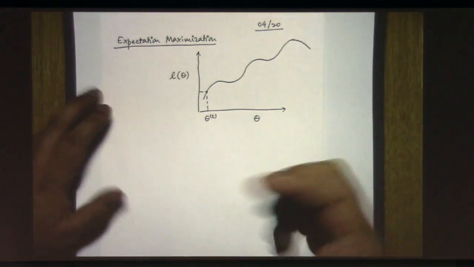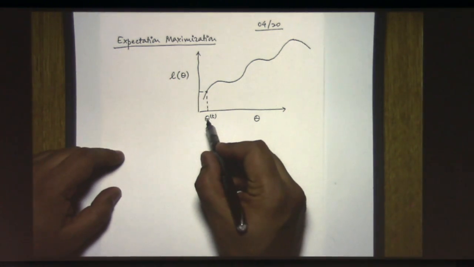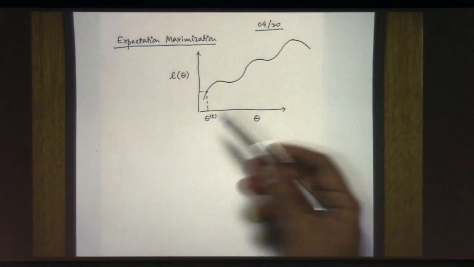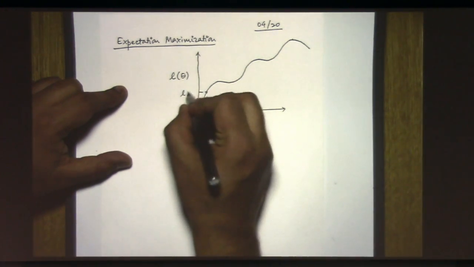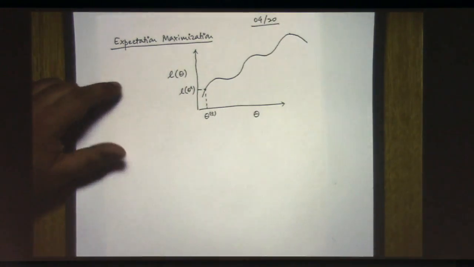It's an iterative method, so there is a notion of time. So at step t, this is our estimate of theta. We typically start with some initial estimate, so that will be our theta of 0. So let's say we are at time t, and this is the value of the function at time t.